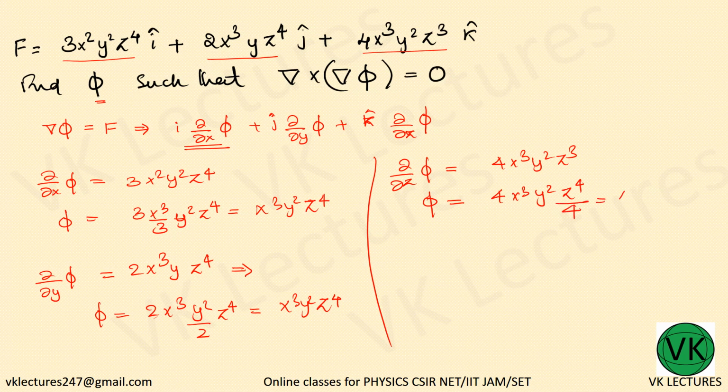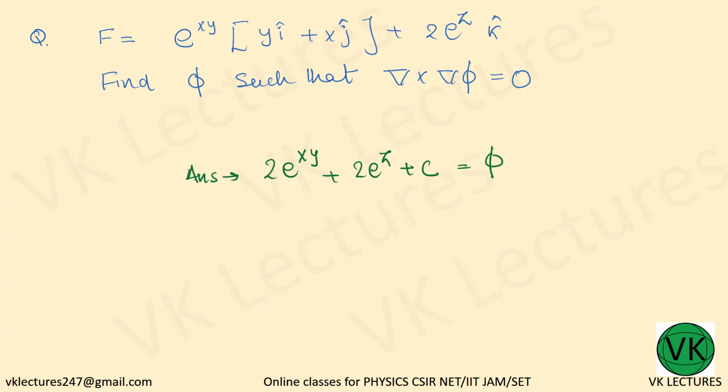So that's equal to x cube y square z to the power 4. So this is the first term, second term, third term, but all these 3 terms are the same. So we will write phi is equal to x cube y square z to the power 4 plus some constant c.